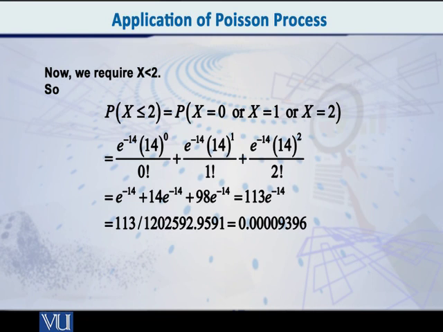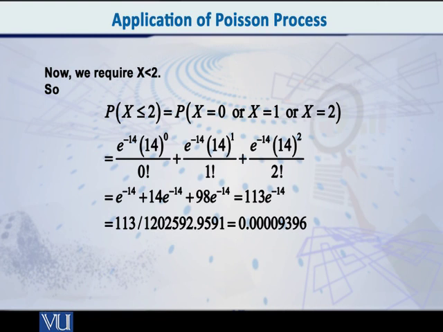अब वो वैल्यूज पुट के करके सॉल्व कर लीजिए. पहला वाला है e raised to minus 14, 14 raised to 0 over 0 factorial. 0 factorial is 1, 14 raised to 0 is also 1. So what we are left with is e raised to minus 14. प्लस करें उसके बाद अगला, तो अगला क्या है? e raised to minus 14, 14 raised to 1 which is 14 over 1 factorial which is 1.